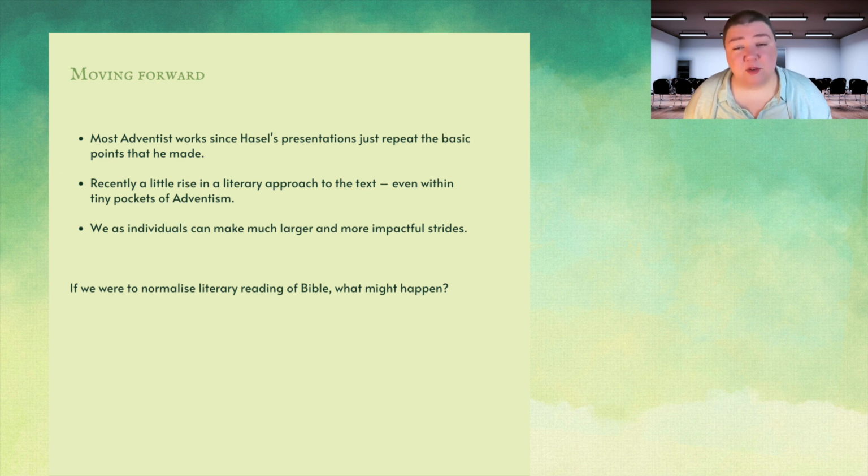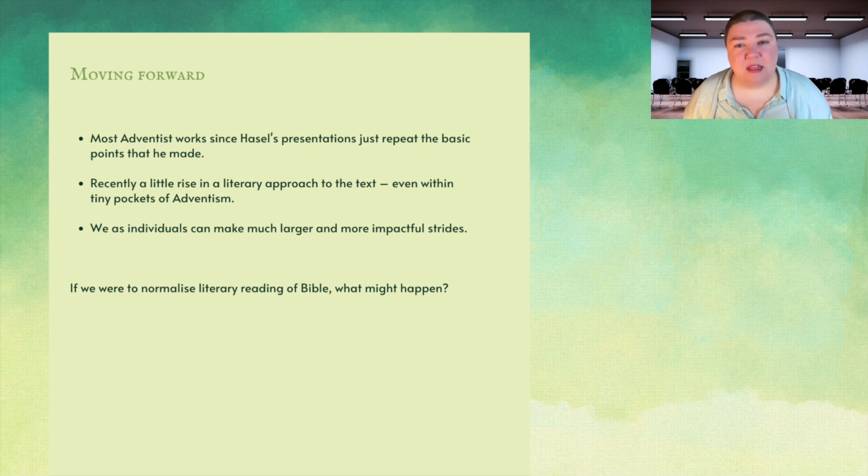One of my professors, for example, from college, was asked to write a commentary for part of 2 Samuel for the New Adventist Bible Commentary book series, and he was asked to include a literary analysis. So there are tiny steps in the right direction, and hopefully we as individuals can make much larger and more impactful strides. And if we do, how might that impact things?